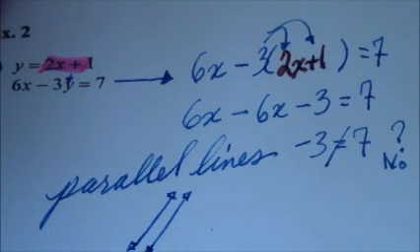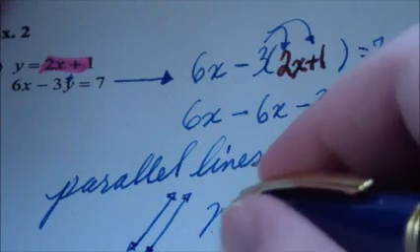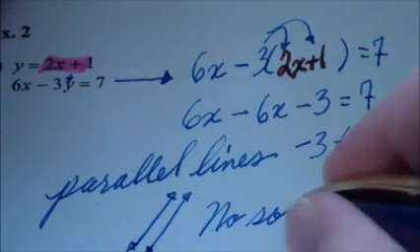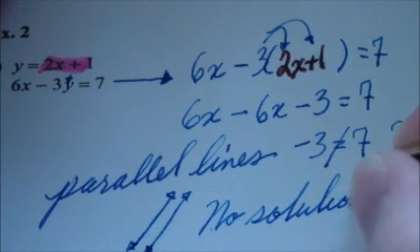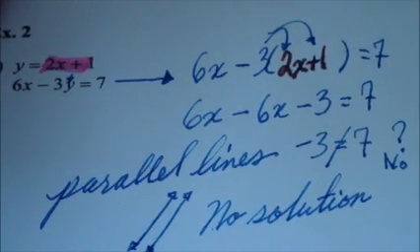A solution is where they intersect. Two lines don't intersect, then there is no solution. And that is done. That is that. Okay. This is the no solution type.